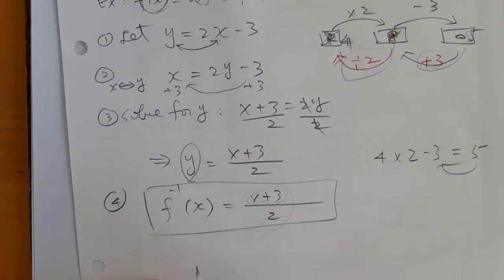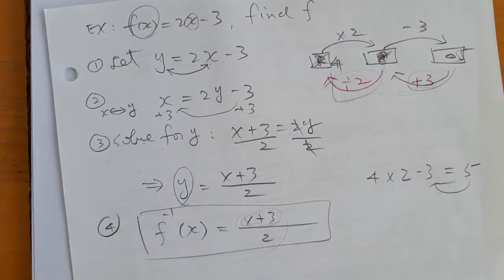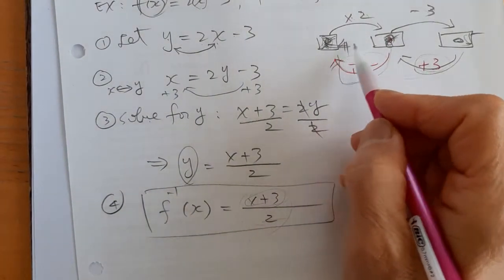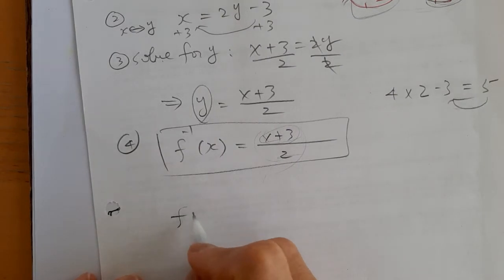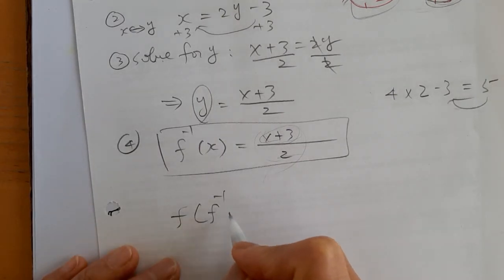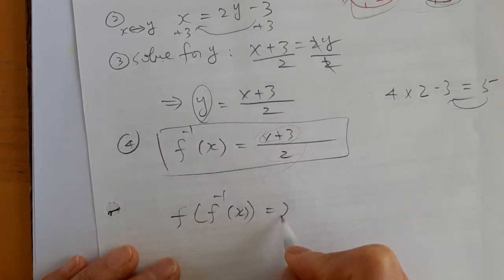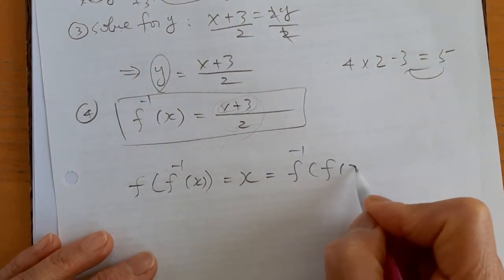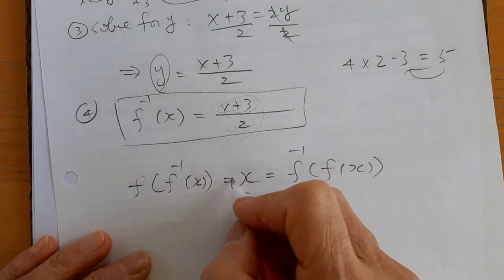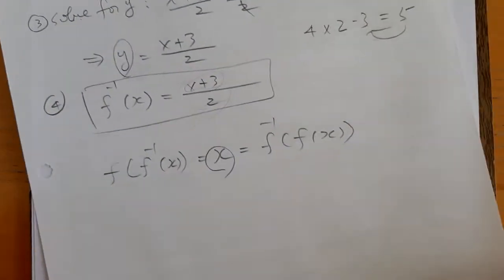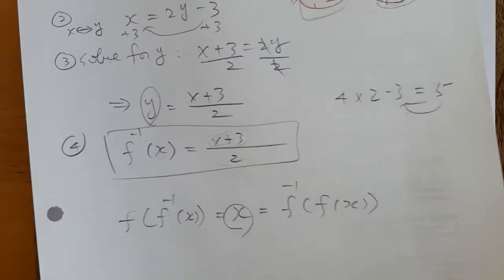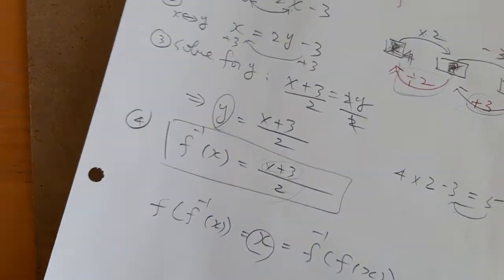Therefore, if two functions are inverses of each other, their composite goes back to the original x. So f of f inverse of x is x, and f inverse of f of x is x. So that's the inverse function. Let's see some more examples.